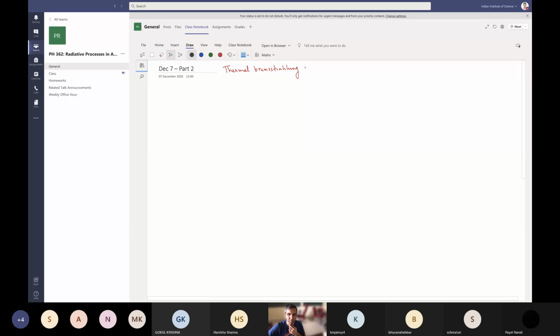And I'm considering a Maxwell-Boltzmann distribution of electrons, in the sense that the number of electrons is proportional to v squared e to the minus m v squared by twice kT dv. This is the Maxwell-Boltzmann distribution, where we have v squared e to the minus half m v squared by kT dv. So the number of electrons is proportional to this.